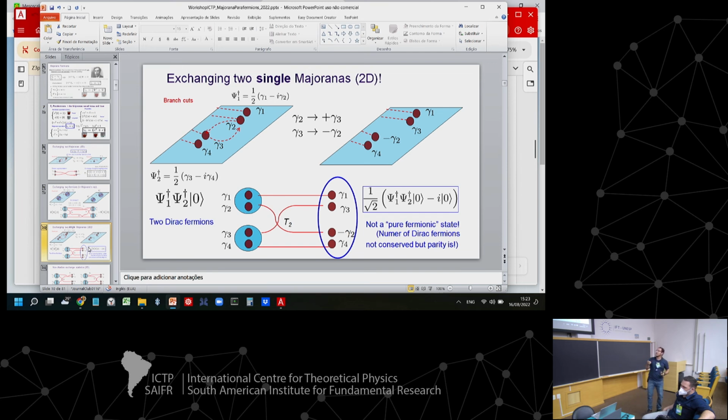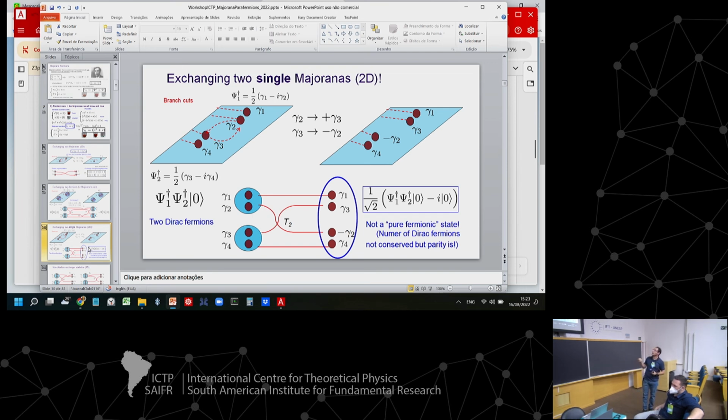But because of the properties of the Majoranas, it's not every operation that you can do with qubits that you can realize here with these Majoranas. Some of them you can't, precisely because you have these braiding rules of gamma 2, gamma 3 equals minus gamma 3, gamma 2.